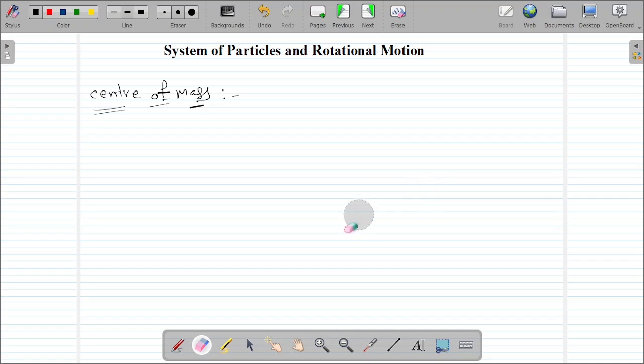Now I am finding the center of mass for two particles. Let's consider the x-axis and y-axis, with the origin. I am about to find the center of mass of two particles with masses m1 and m2 at different distances, where the center of mass lies in between the two.